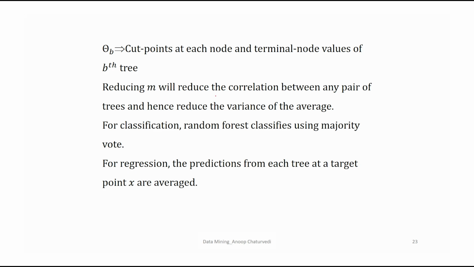Reducing m will reduce the correlation between any pair of trees and hence reduce the variance of the average. For classification, random forest classifies using majority votes, whereas for regression, the predictions from each tree at a target point x are averaged.